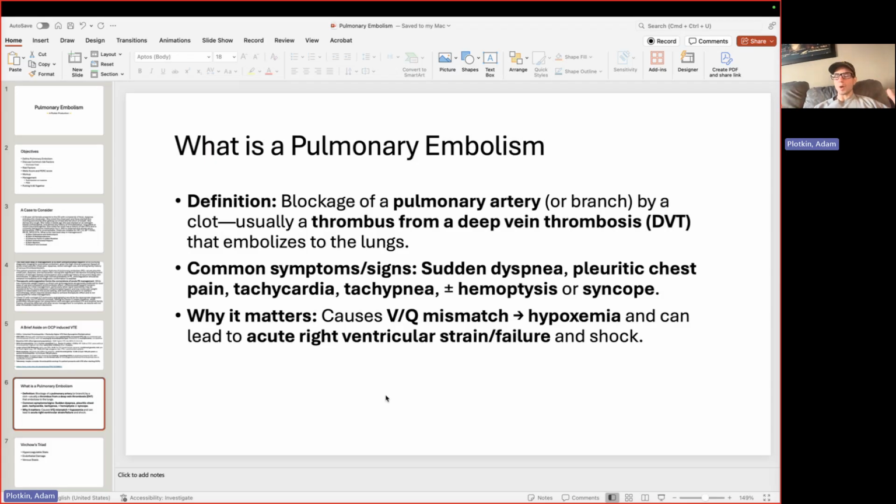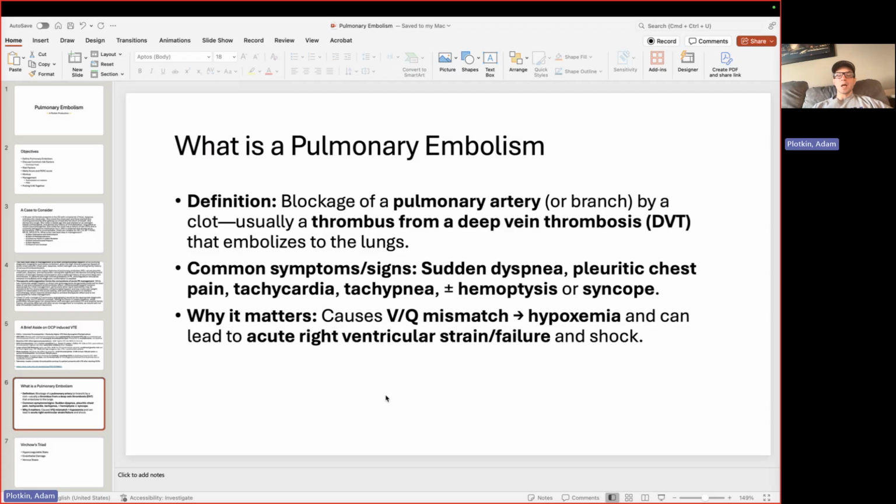Those clots embolize out, move up to the inferior vena cava, make their way into the right side of the heart, and then get stuck as they move through the pulmonary arteries and some of the smaller branches, depending on how big that clot is. If it's a massive clot, it could block the big piece of the pulmonary artery that's just branching off of the right ventricle.